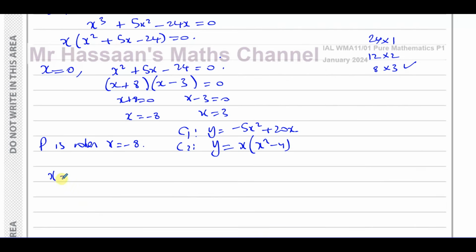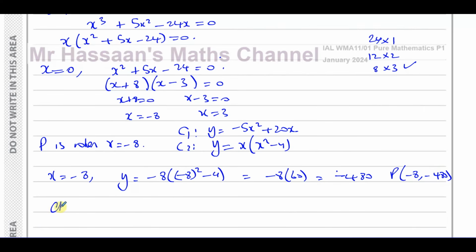So when x equals negative 8, y is equal to negative 8 times negative 8 in brackets squared minus 4. So that's going to be negative 8 times 64 minus 4, which is 60. 6 8s are 48, so that's going to be negative 480. So the point P is going to have the coordinates negative 8 and negative 480.